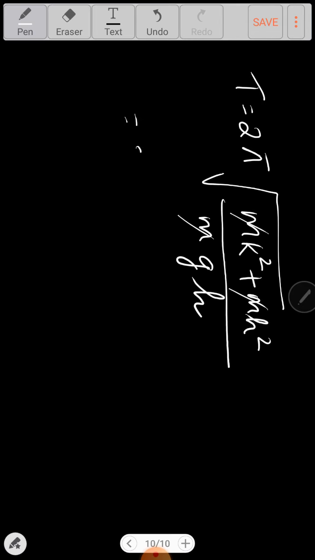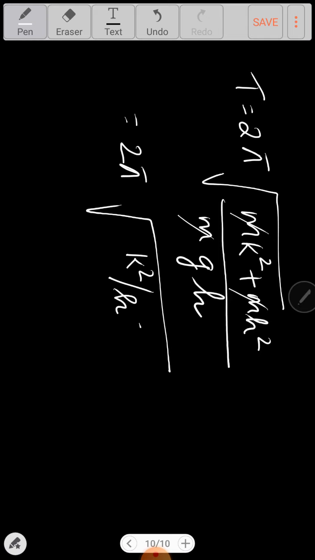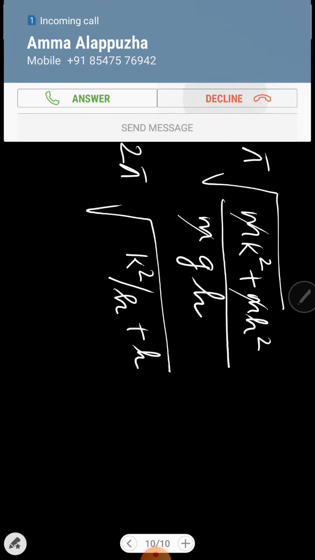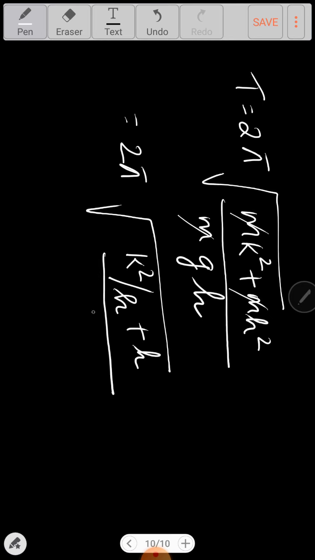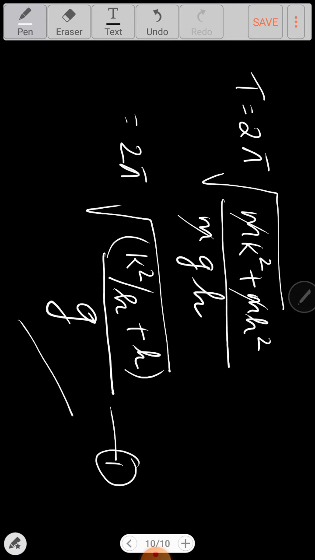M is common. This is now 2 pi into root of k square by h plus h, divided by g. And this is the time period of the compound bar pendulum.